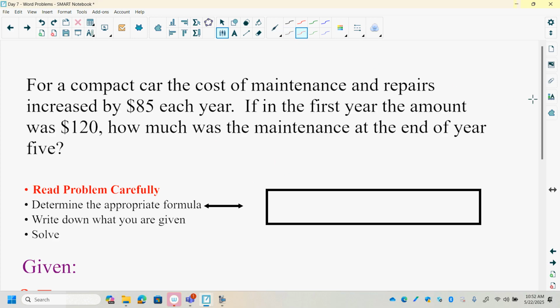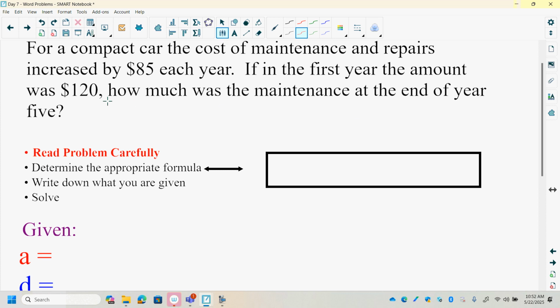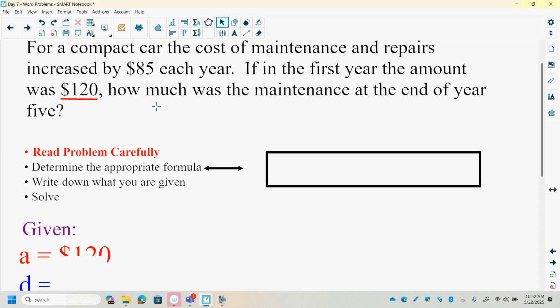So when you read that, is there anything that stands out? 120 is the A. Excellent, Brody. Okay, the first term would be 120. Now, it increased by $85 each year. That means like in year 1, it would be 120.